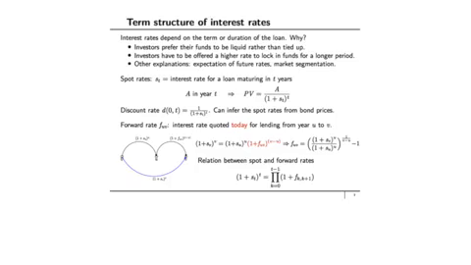Why does this happen? There are many explanations for it. Investors prefer to have their funds liquid rather than tied up. So if you want to induce them to tie up their funds for a larger period, you have to give them a higher interest rate. There are other explanations, such as people have expectations that in the future rates are going to go up or go down. And therefore, what interest rate they will be willing to charge you right now might depend on their future expectation.